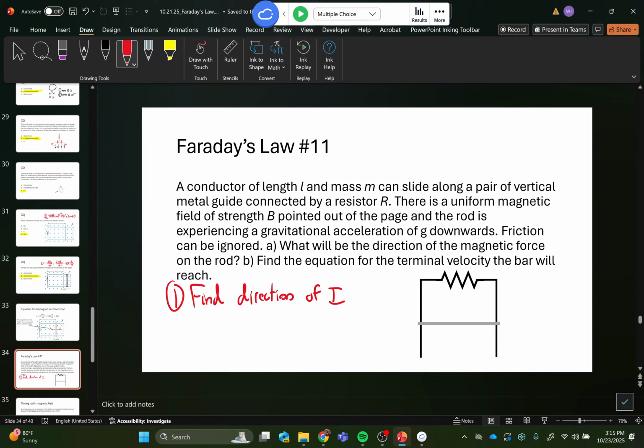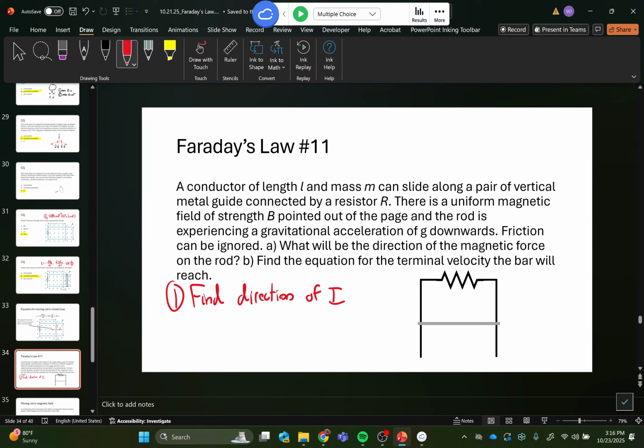Well, it's both. Potential difference. What did you get?